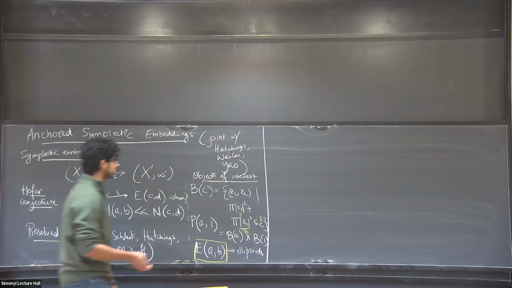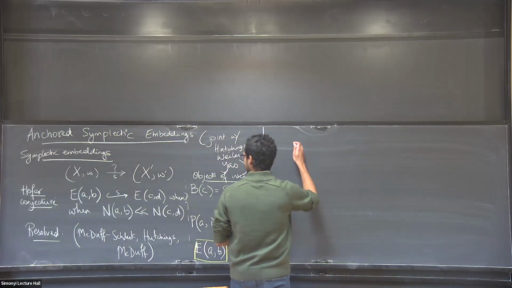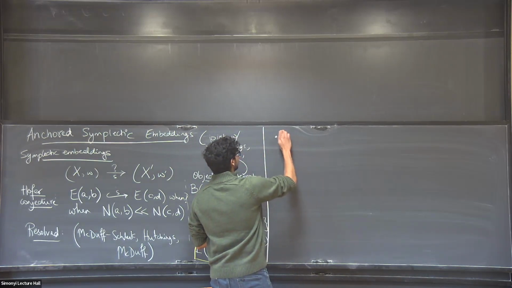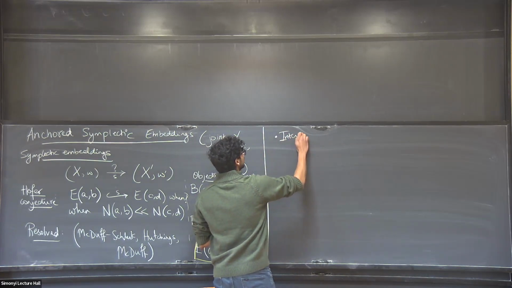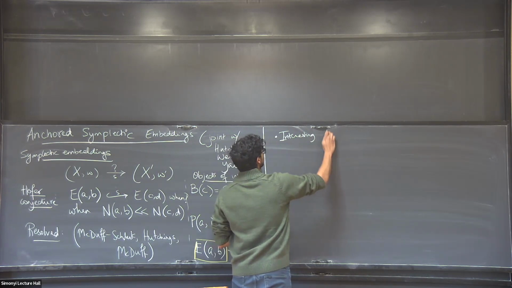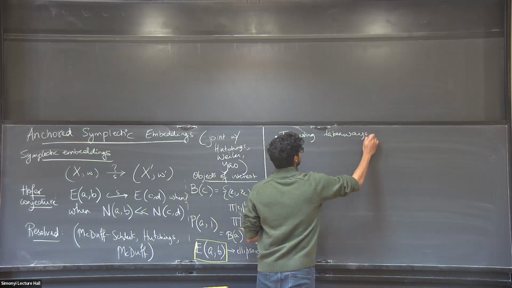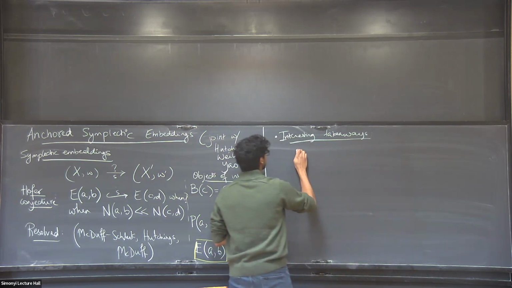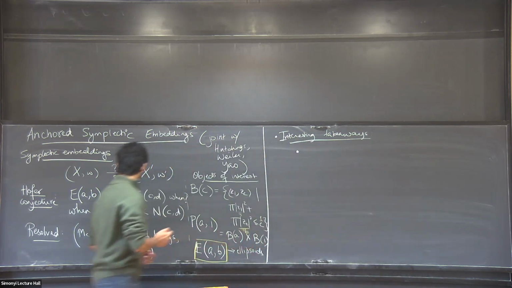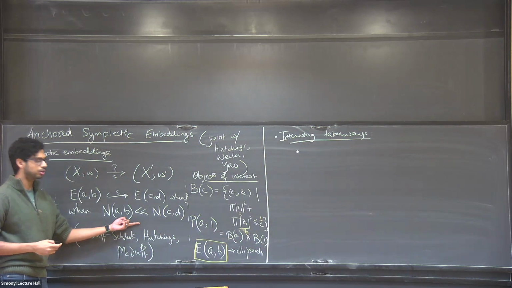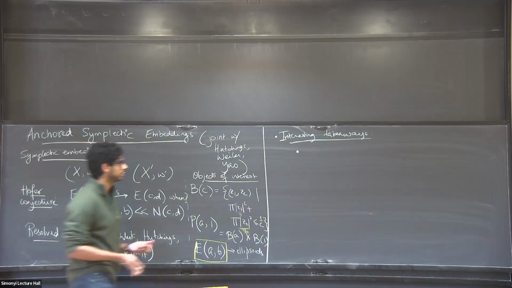What was striking about this, and what might be interesting takeaways that I will make more precise, is that sometimes these conditions are strong even when volume obstructions are not there.